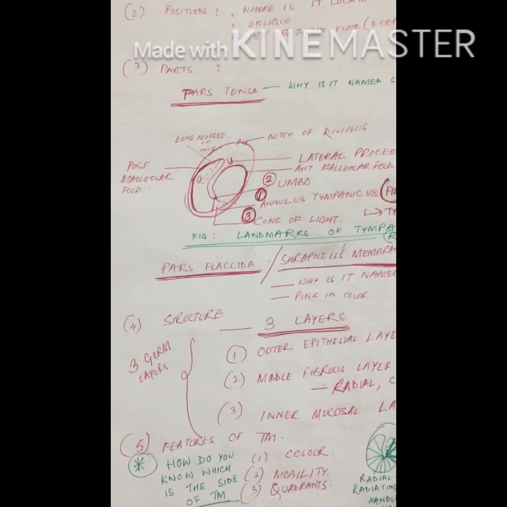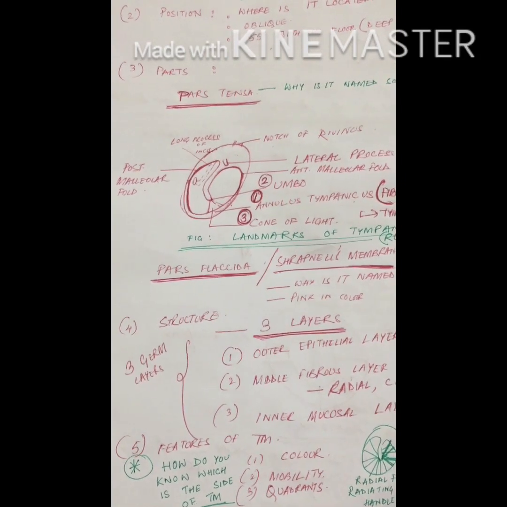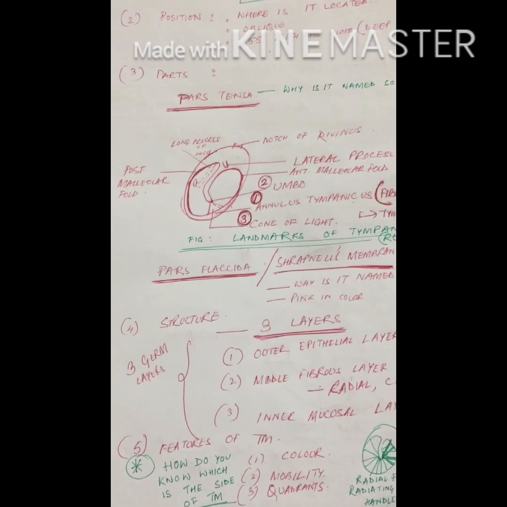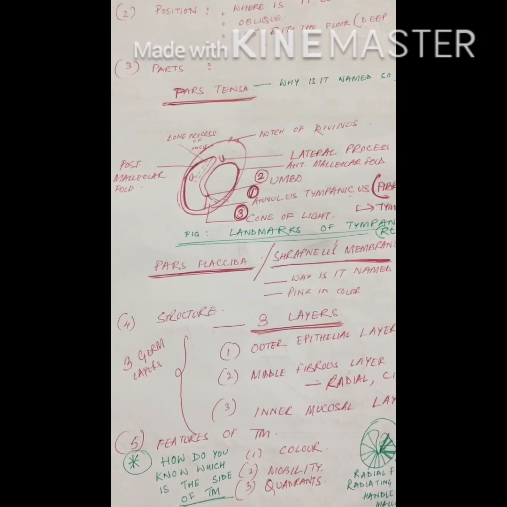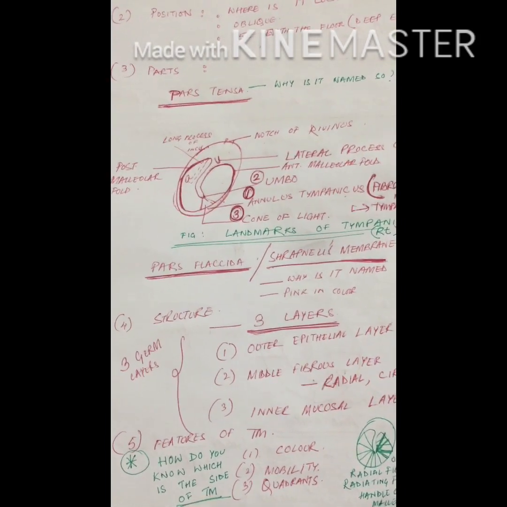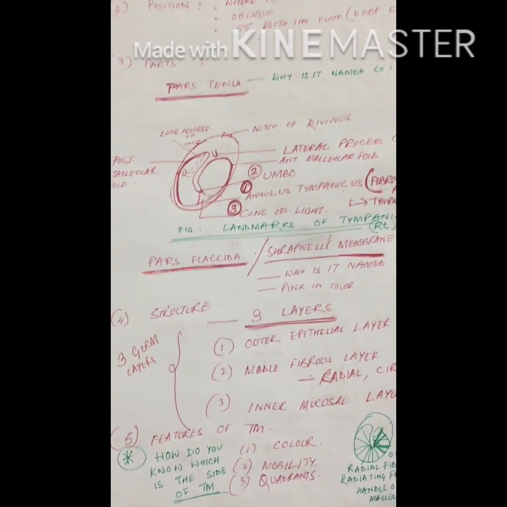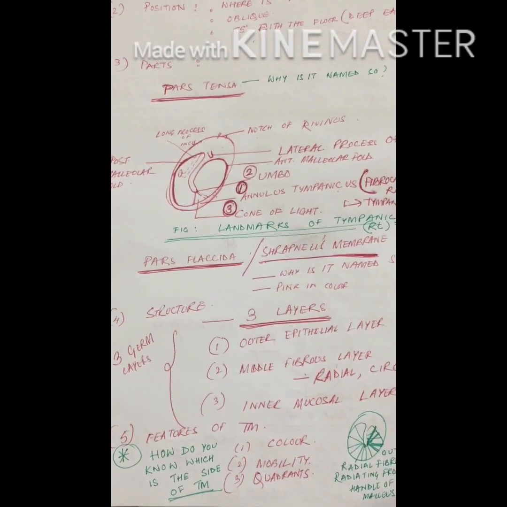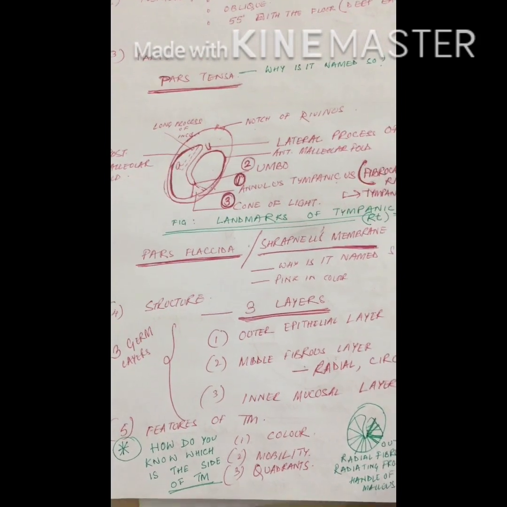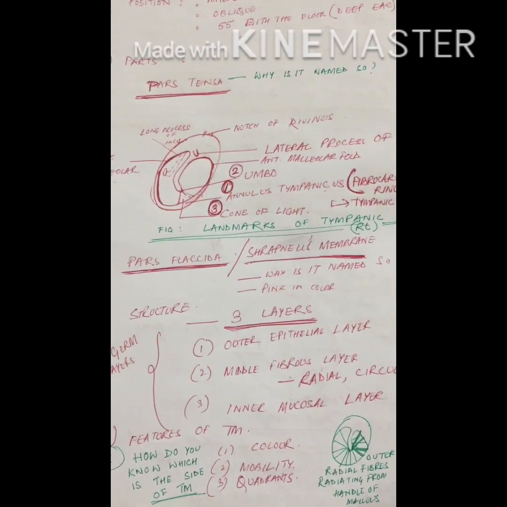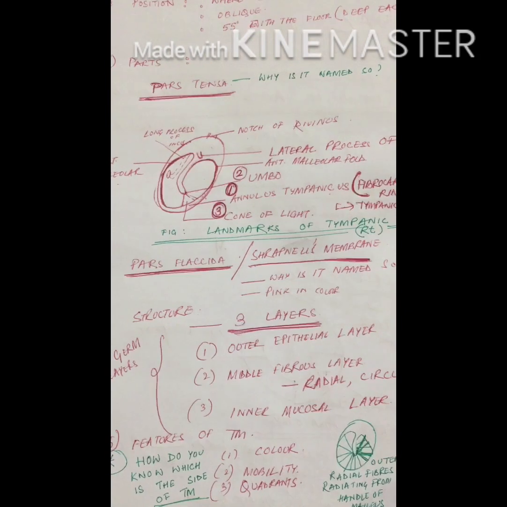Structure. The structure of the tympanic membrane has a speciality in that it is derived from three germ layers. It has the outer epithelial layer which is derived from the ectoderm, middle fibrous layer which is derived from the mesoderm, and the inner mucosal layer which is derived from the endoderm.